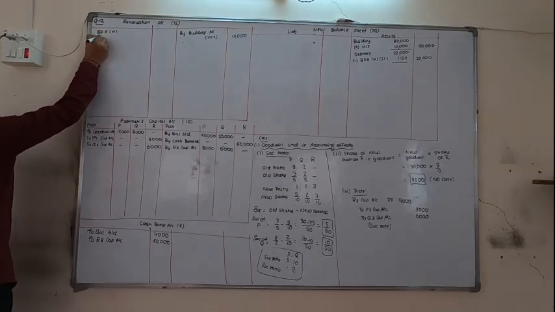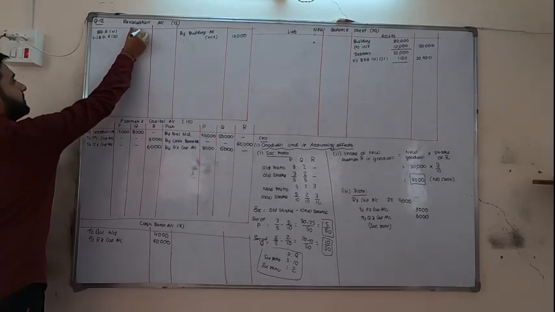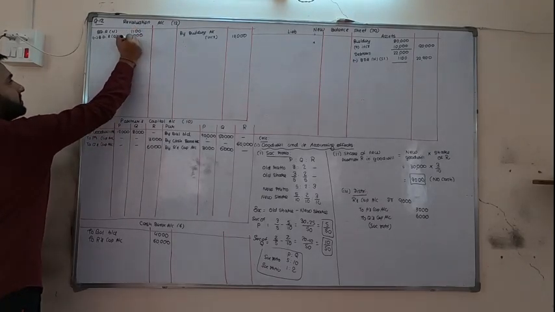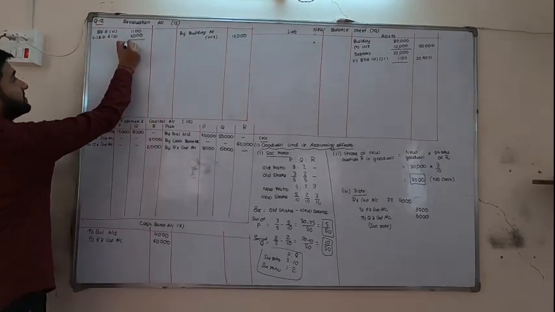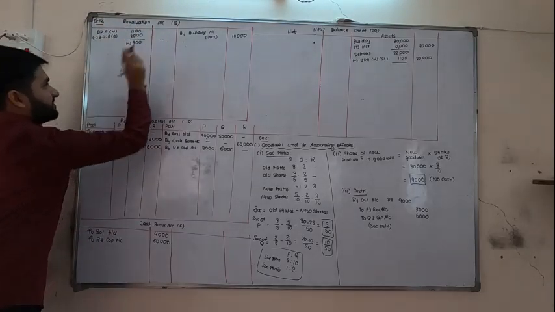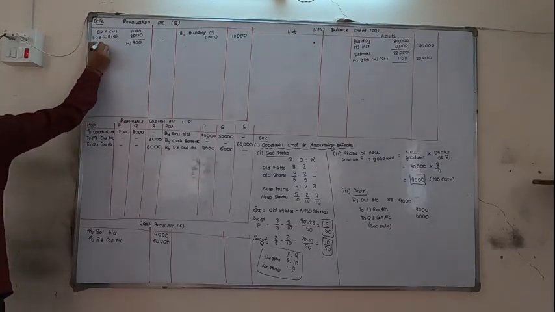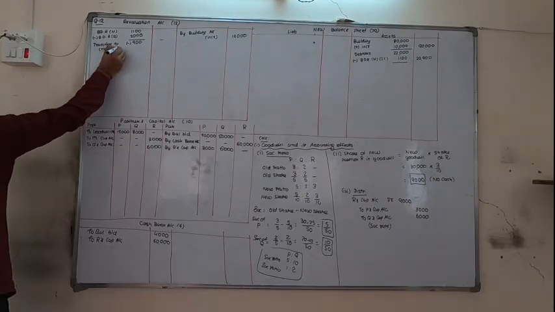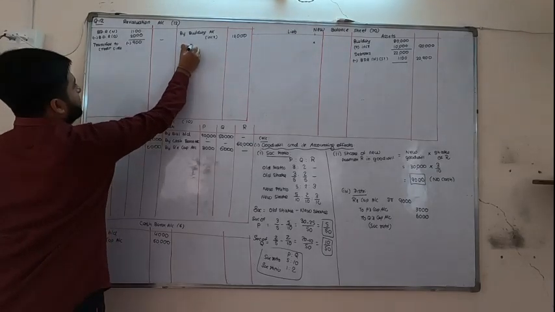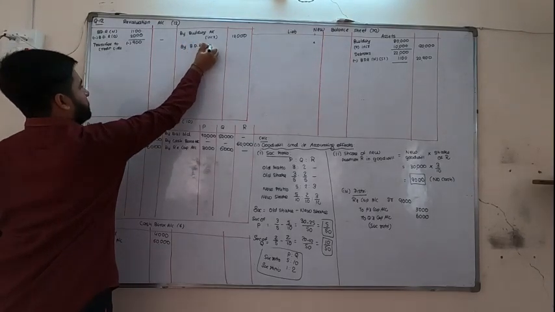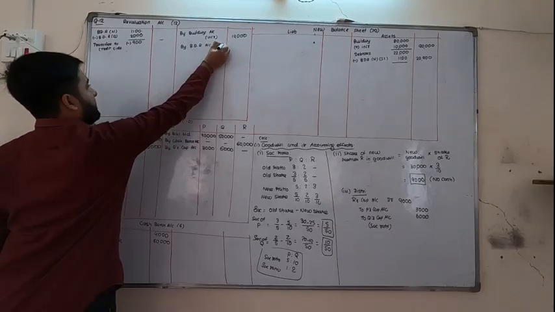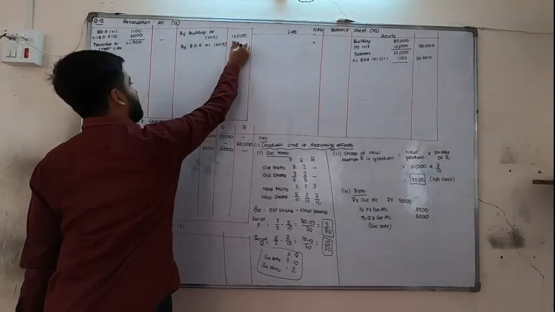BDR new. New BDR is 1,100. Old BDR is 2,000. Now whenever the difference is minus, keep it inside, dash it outside. And when it is minus, transfer to the credit side. So on the credit side we will write by BDR account, and we will write decrease.